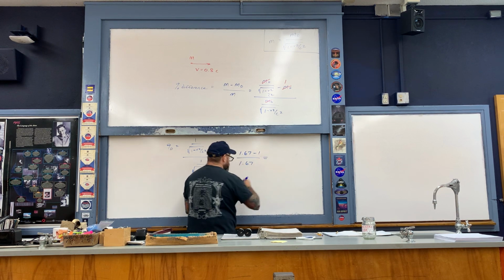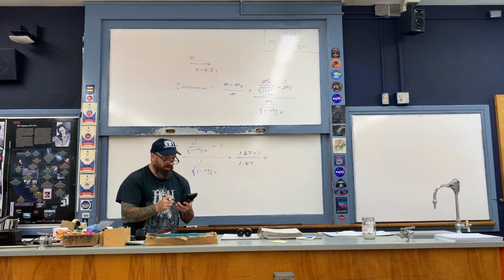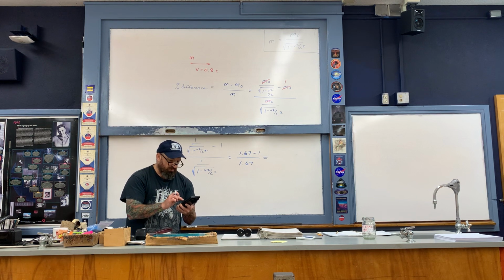So now, let me go ahead and figure out what this quantity here is equal to, and then I'll multiply it by 100 in order to convert it into a percentage. So 1.67 minus 1, and then divided by 1.67.